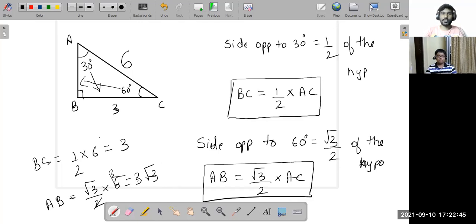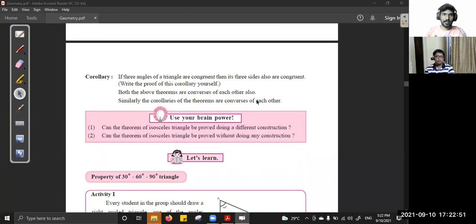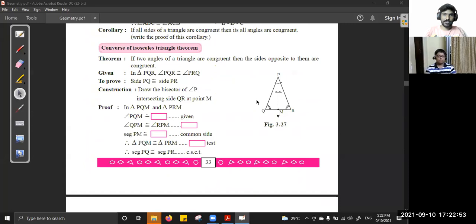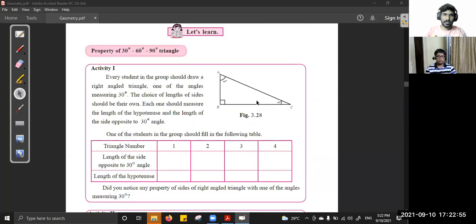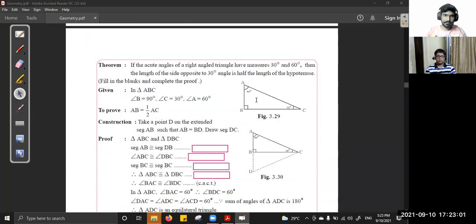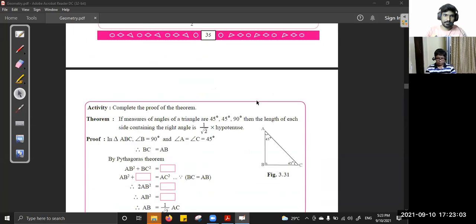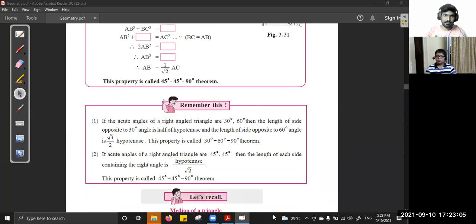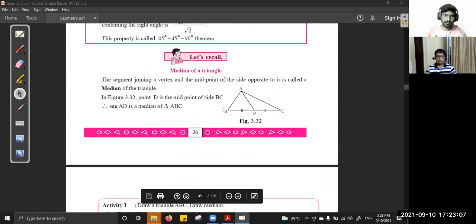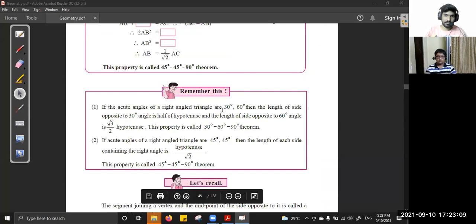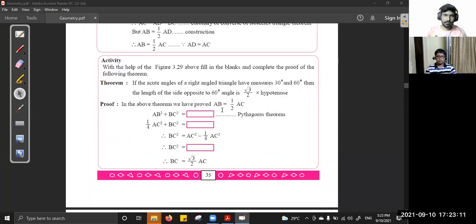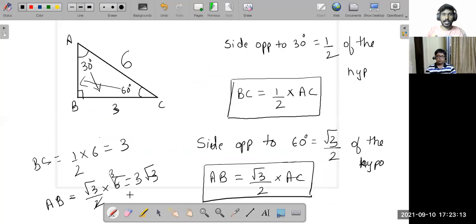Are you sitting with your textbook? Yes, sir. So on your textbook, write it down.